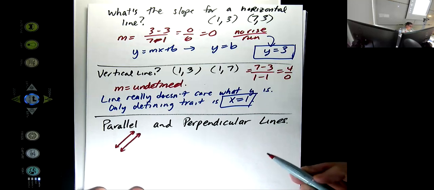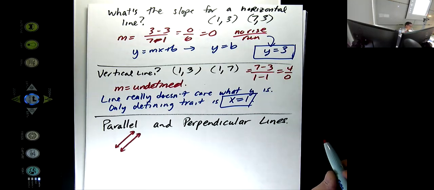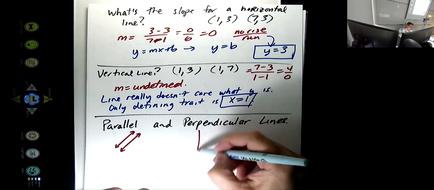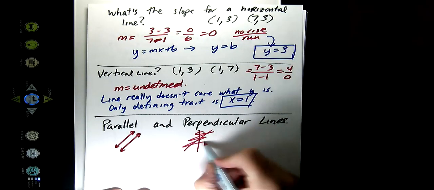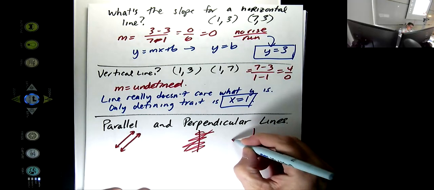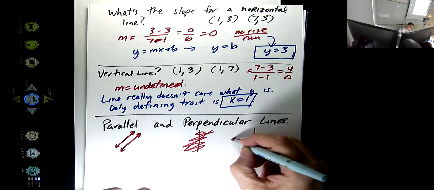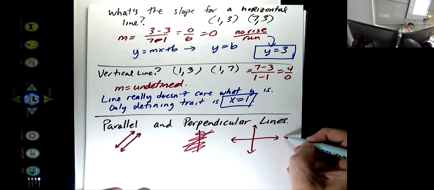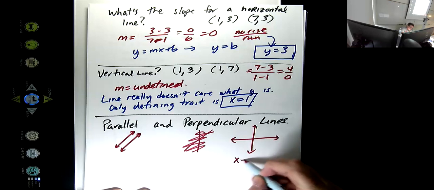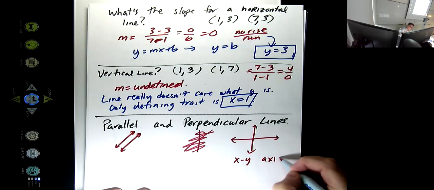All right, perpendicular, what is perpendicular? They cross at 90 degrees. Those are perpendicular lines. Our XY axes are perpendicular.